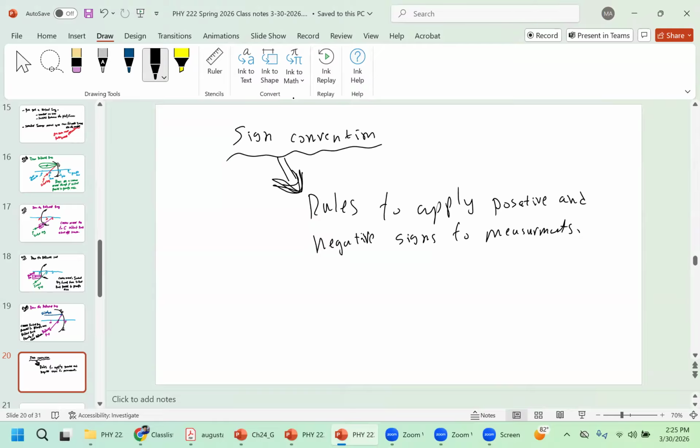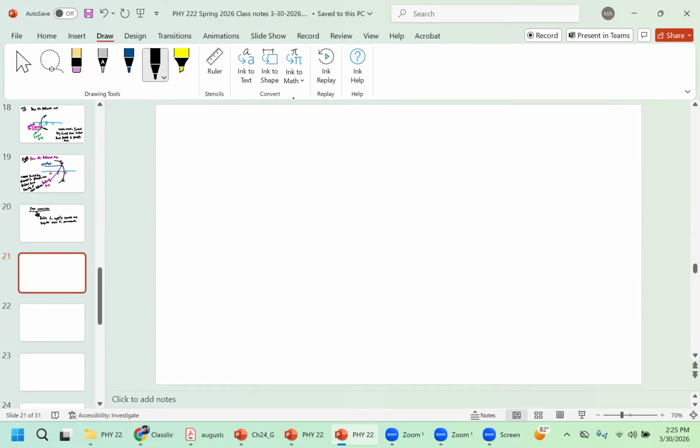So we're going to talk about sign convention right now, which is basically the rules. I'm going to introduce three rules on how to apply the positive and negative signs to measurements. Okay? And let me go ahead and write them over here. Here are my rules.